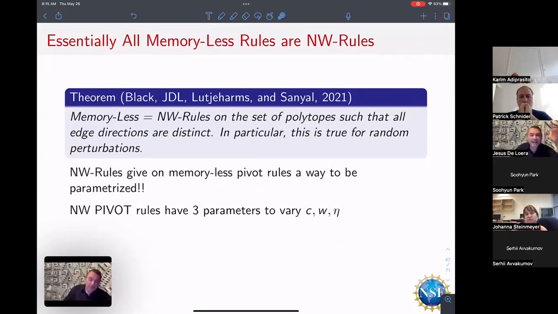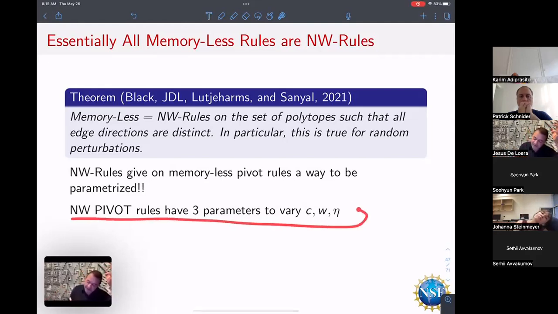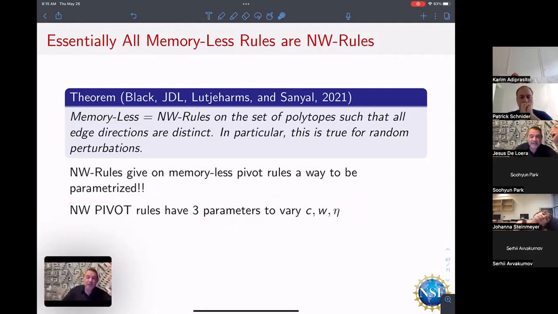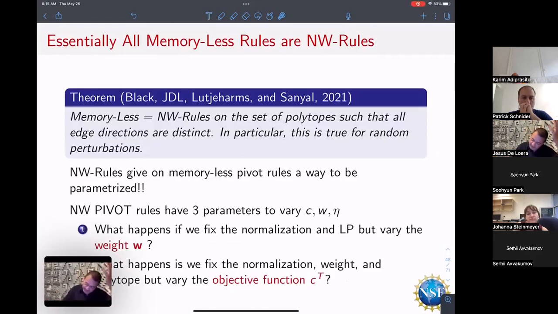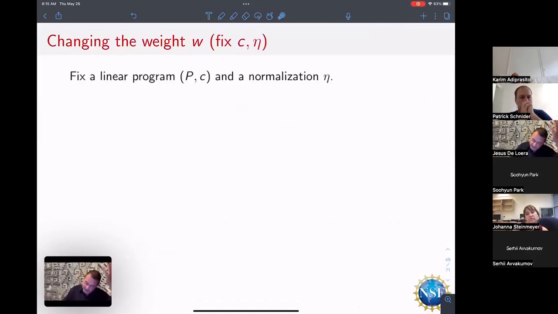Finally, because I'm running out of time, let me get to the final theorem. You have three parameters, the two weights and the normalization, and when you let them change, you get a polytope that parametrizes all possible outcomes, all the possible arborescences that you get with these pivot rules. So let's get to the punchline.